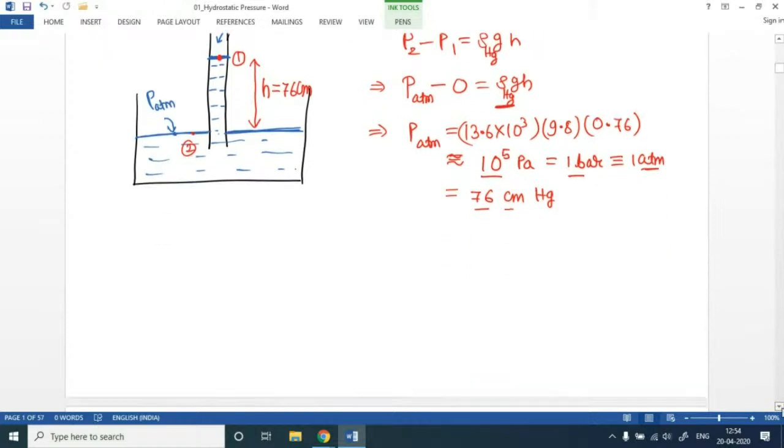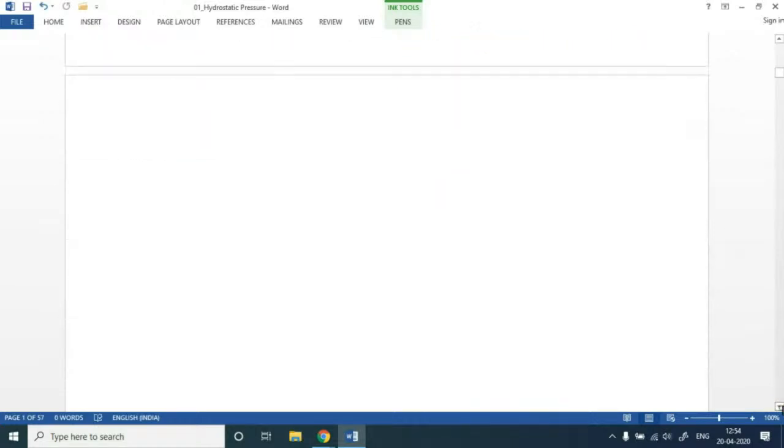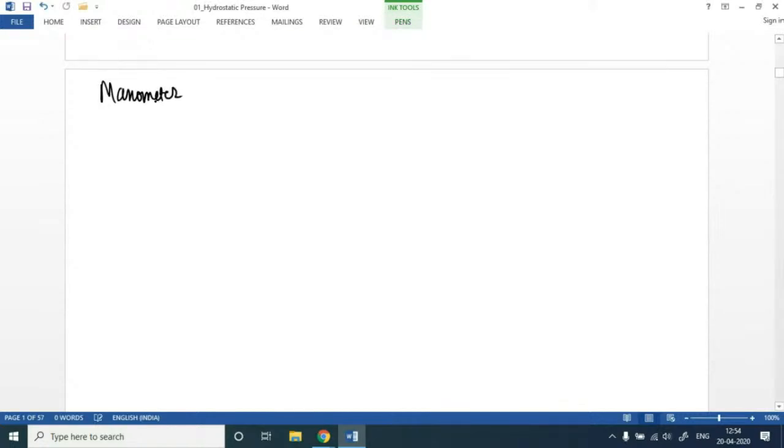Another device which we are going to look at is called a manometer. This is a device which is used to measure pressure inside a gas container.